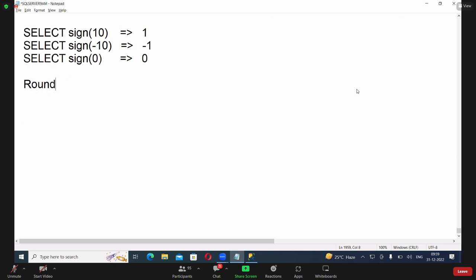They are used for what? Rounding numbers. There are 3 mathematical functions which are most widely used. They are used for rounding the numbers. One is the round function. Another one is ceiling.